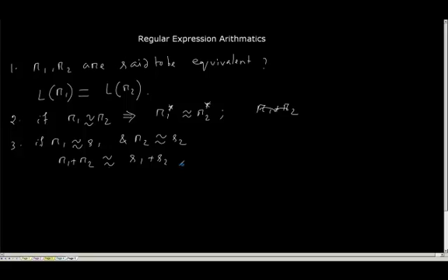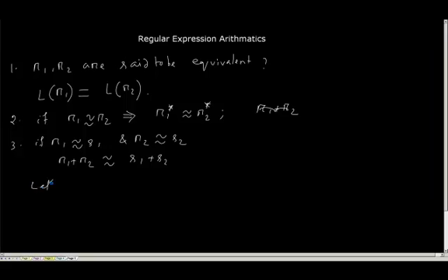So the way we need to prove it is, let L(R1) be the language represented by R1, and L(R2) be the language accepted by R2. So let me prove it.